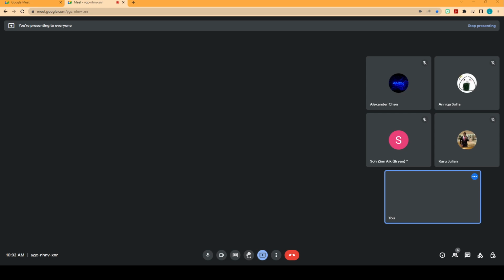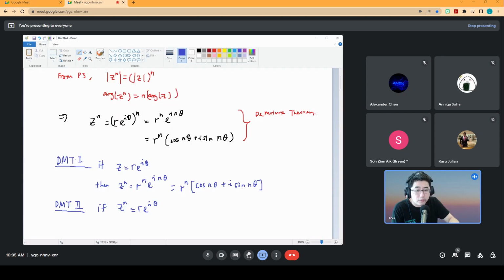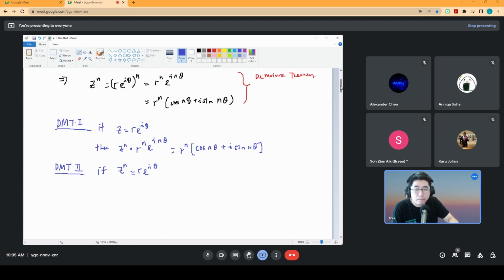Then DMT2. If Z^n equals R e^(i theta), please see the difference. Can you notice the difference or not? Don't confuse it. This is Z equals R e^(i theta), and this is Z^n equals R e^(i theta).